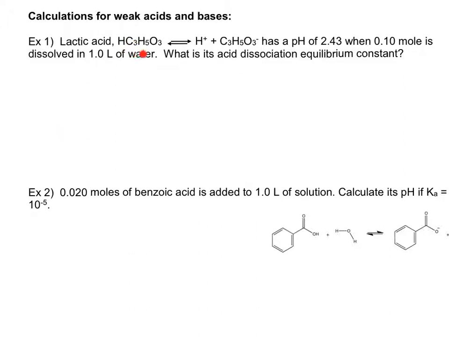You're welcome to rewrite it as this, and normally I would. But I also want to show you that, let's say you're on the test, you're in a hurry, you can abbreviate stuff if you wanted to. So you can write it as, for example, since it's called lactic acid, it's found in milk, maybe I would call it HLac, and it would dissociate into H plus and then lactate ion. You can write it that way if you want.